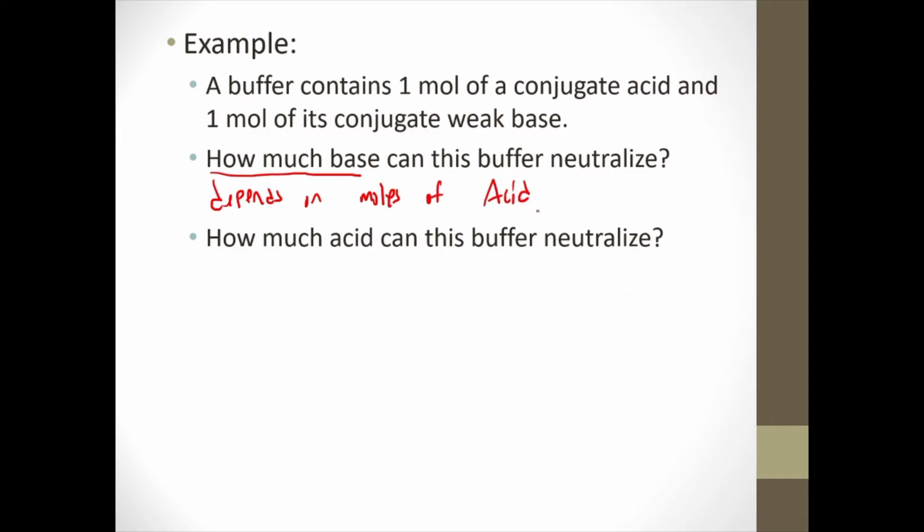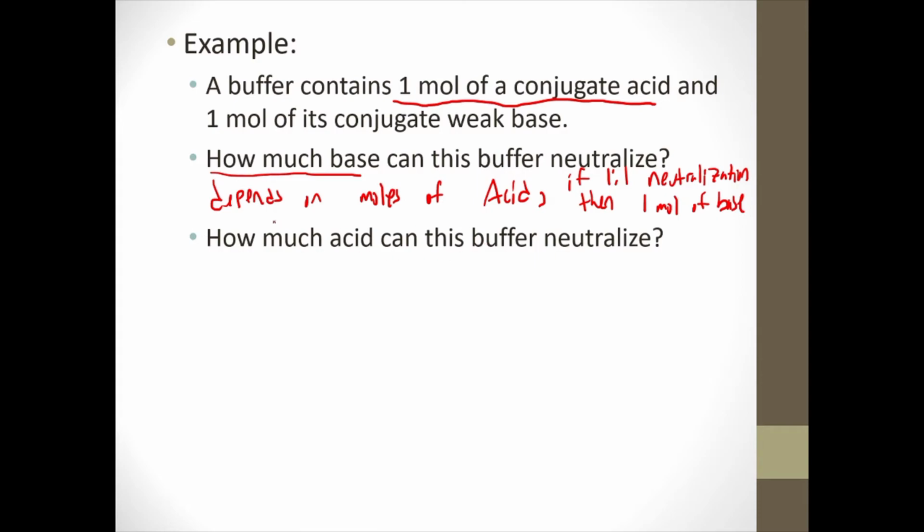So if this is a 1-to-1 neutralization, and most acid-base reactions are like this, then this particular solution, since it has 1 mole of conjugate acid, can absorb 1 mole of base. So 1 mole of, I guess, a monoprotic base.